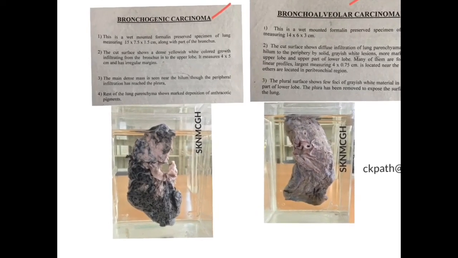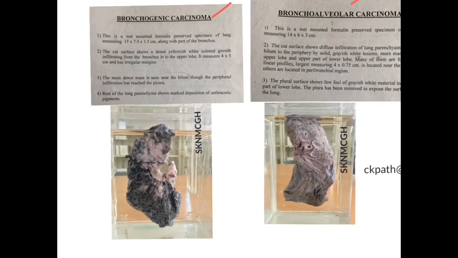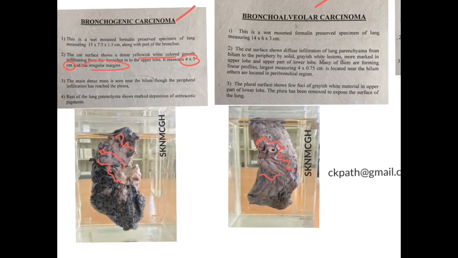Here you can see that the tumor is going from the bronchus side to the pleural surface, and the margins are irregular, yellowish white in color, measuring around 4.5 into 5 centimeters. Whereas in the case of bronchoalveolar carcinoma, again the tumor is starting from the bronchial side going to the periphery, but the infiltration in the parenchyma shows a solid and grayish mass.